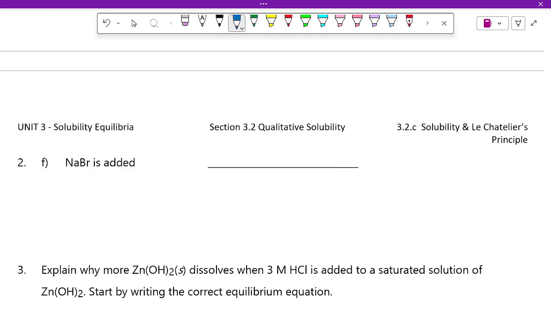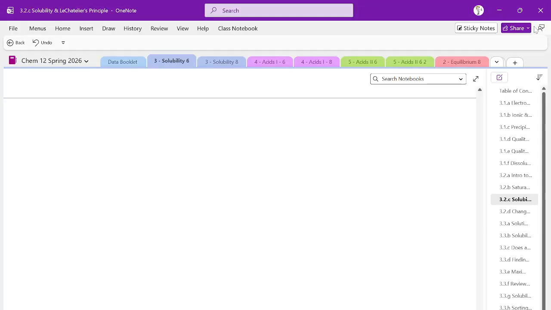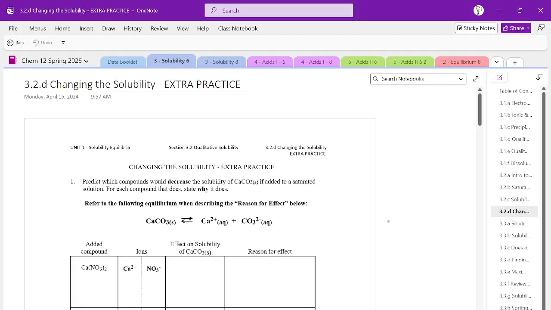Okay. So there's more practice here on page 43. And then there is more practice here. Look, extra practice, changing the solubility. Yeah, so you have lots of practice changing the solubility.